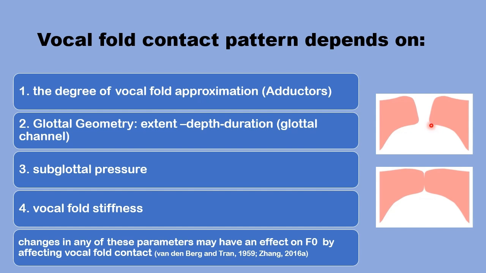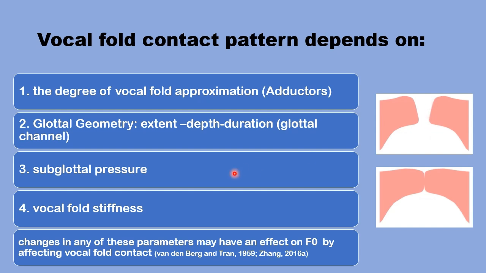The extent and the depth are influenced by, for example, the cricothyroideus muscle that reduces the vertical depth of the glottal channel, and this would lead to an increased fundamental frequency. On the other hand, the thyroarytenoideus would increase the vertical depth of the glottal channel.